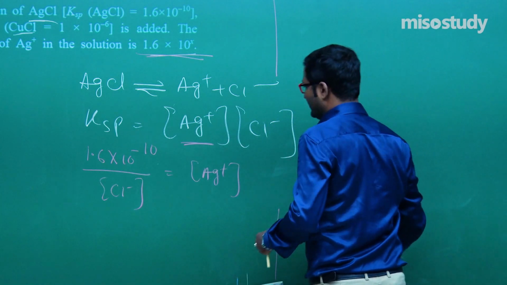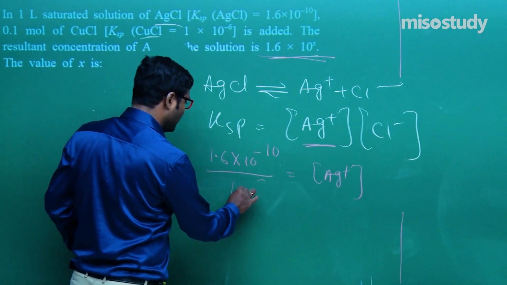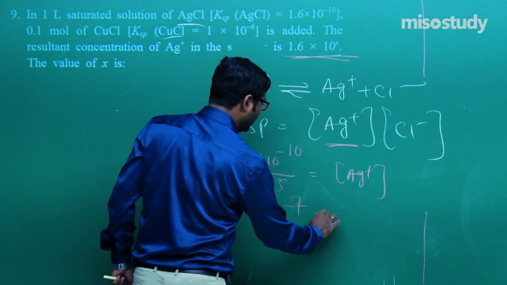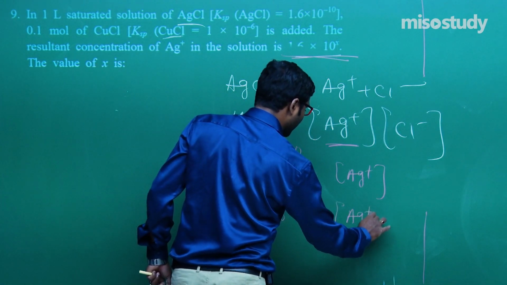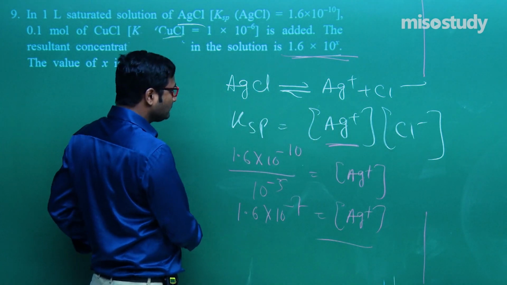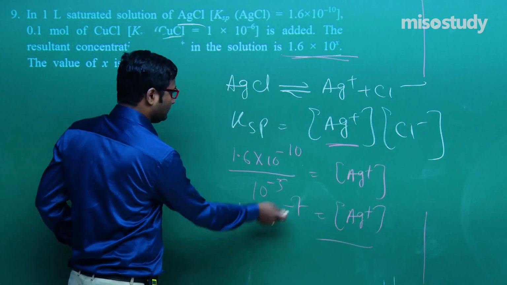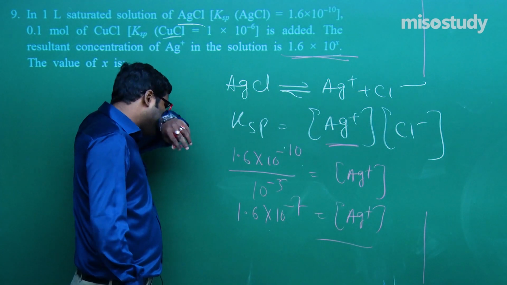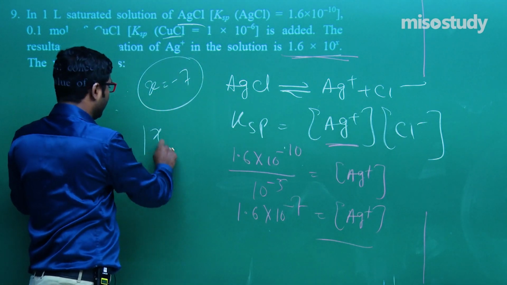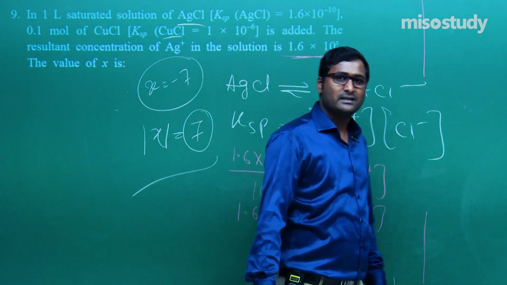That is 1.6 into 10 to the power minus 7, the Ag+ ion concentration. So x is minus 7, or in modulus, x is equal to 7. The answer is 7 here.